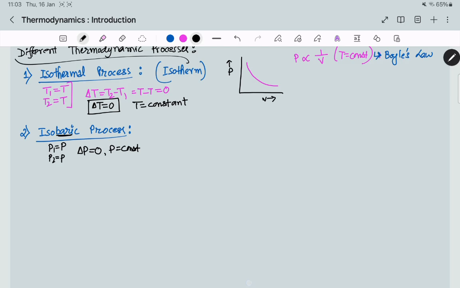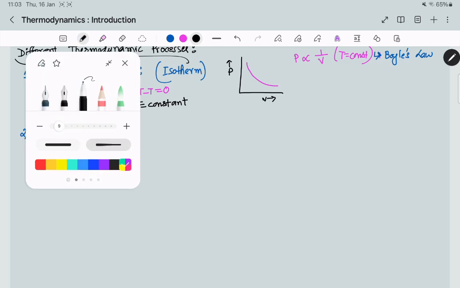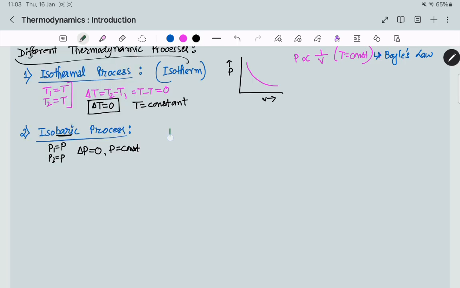So if we draw the pressure and volume curve, this axis represents pressure, this axis volume. Pressure is constant, so you are taking a particular pressure. It will look like this, right? Isobaric process.